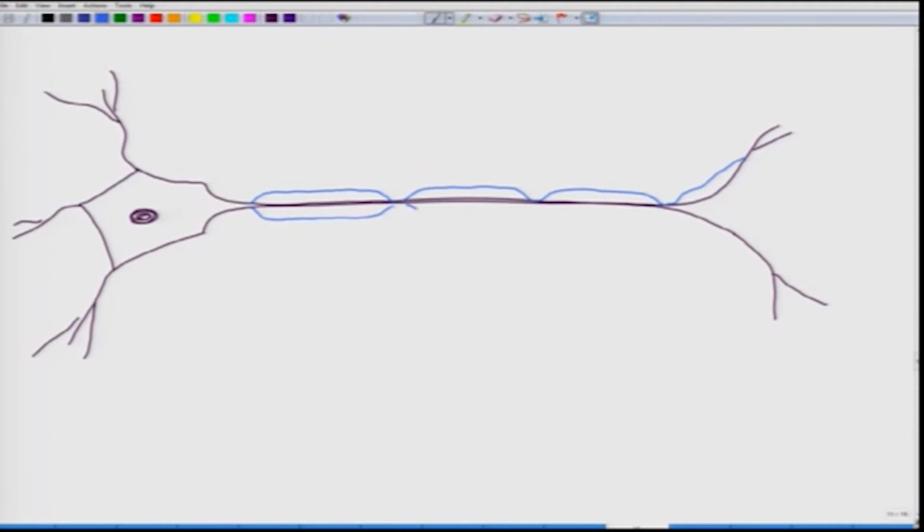There are small gaps out there. We'll talk about those gaps. Something like this, further this, further this, and this continues like this.